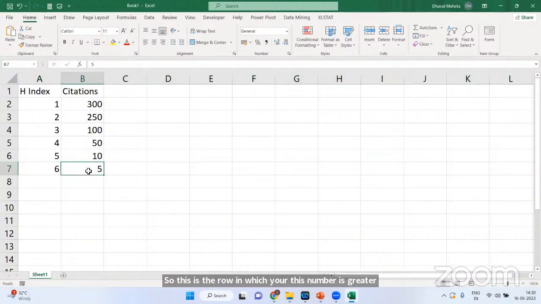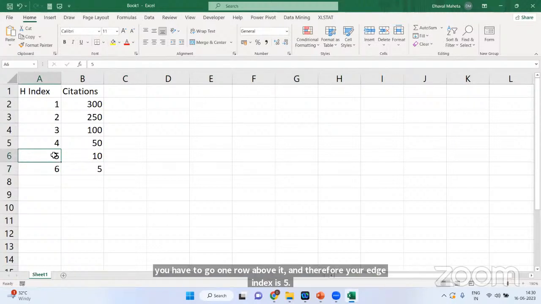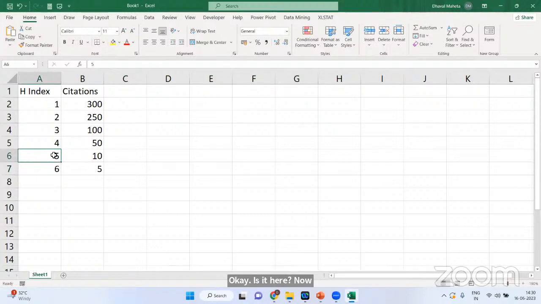So you have to go one row above it, and therefore your H index is 5. Okay, is it clear now? Is it clear? Anybody who is still having a confusion about this?